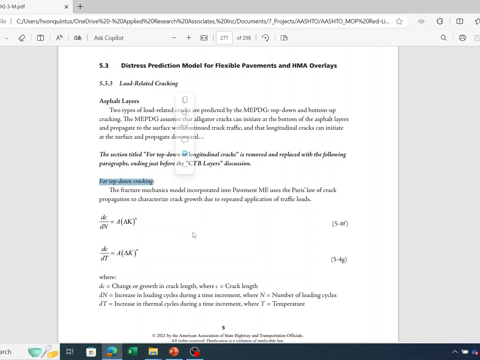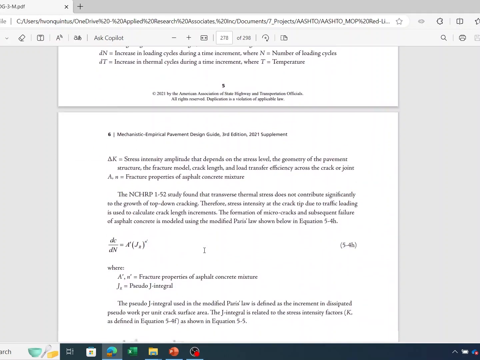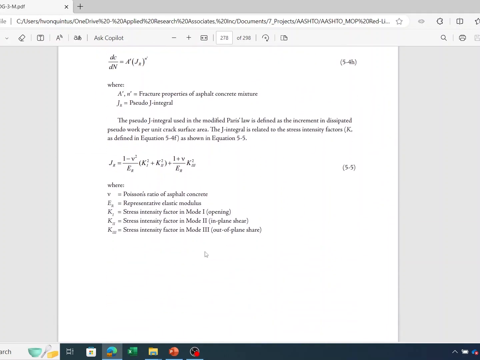So the 2021 supplement provides an overview and discussion of the fracture mechanics approach using the Paris law for fracture propagation to characterize the crack growth due to repeated load applications. And that is identified and discussed in this 2021 supplement.